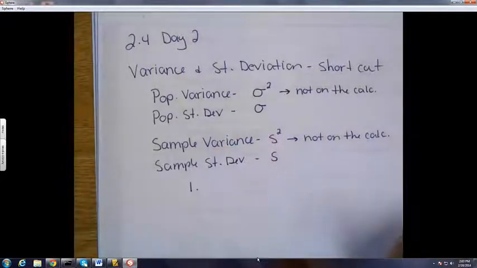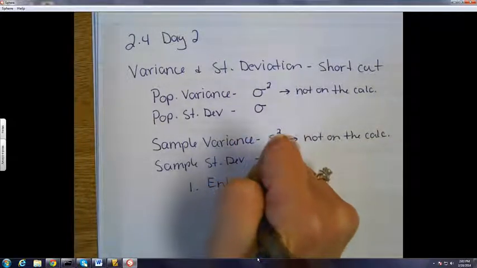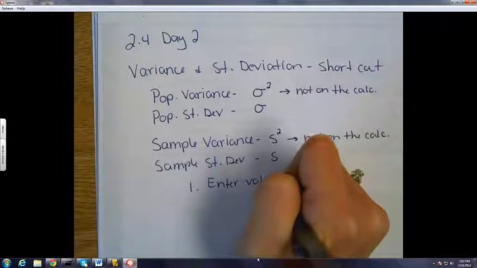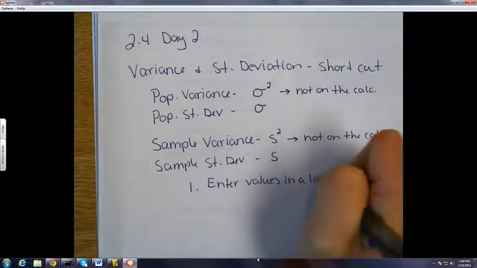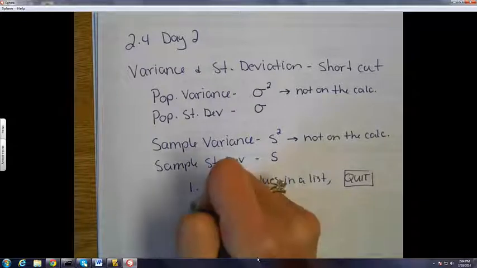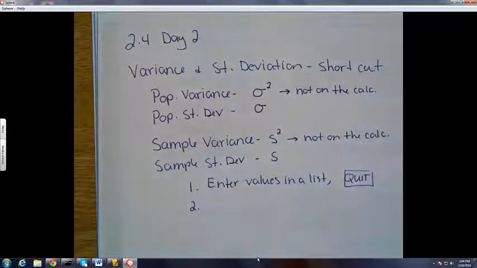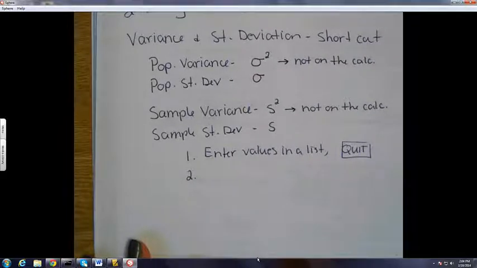Okay. On the calculator, we are still going to have to put the numbers in a list. Enter values in a list. And then quit. Then the magic happens. The programmers did a lot of nice programming on this one bar stats button.